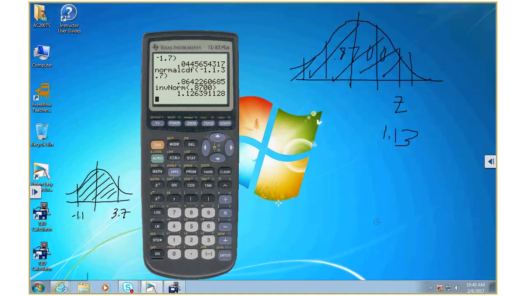Okay? So let's say I give you another one. I want you to find the z-score that represents the 5th percentile. 5%, 0.0500. And I'll show you a little trick I learned in the war.